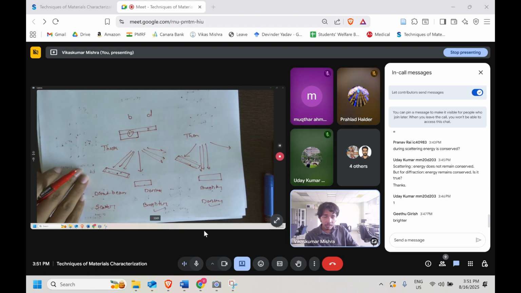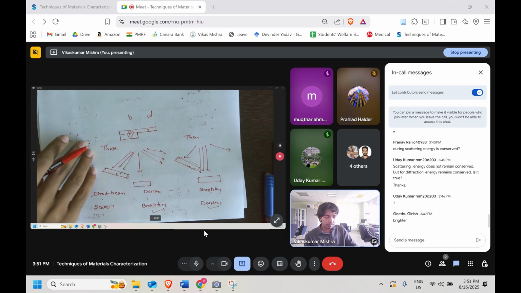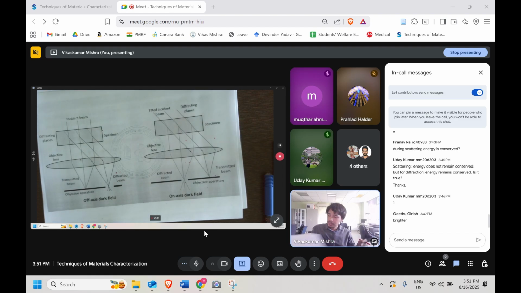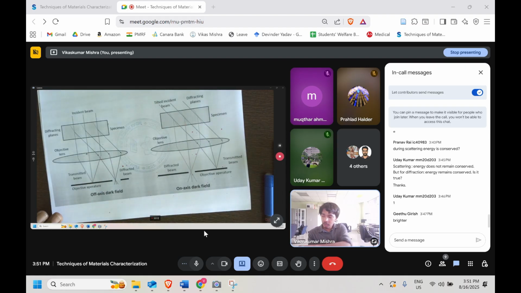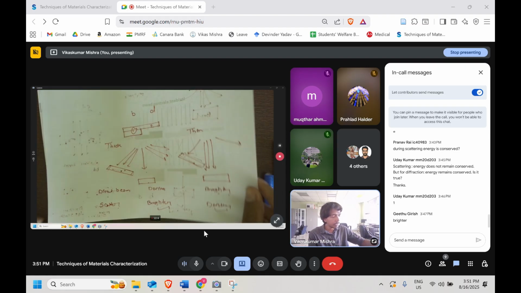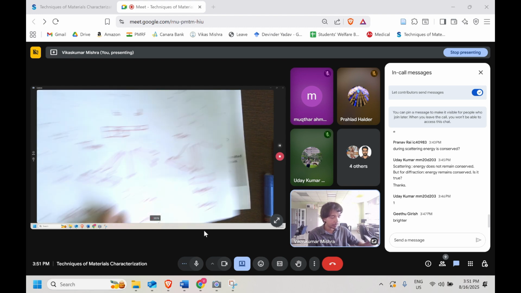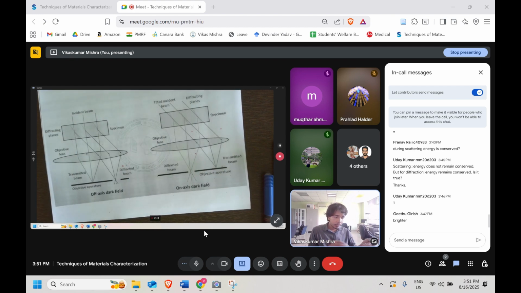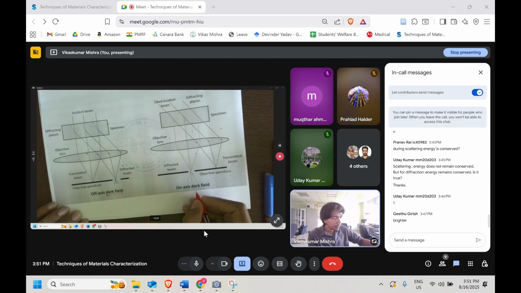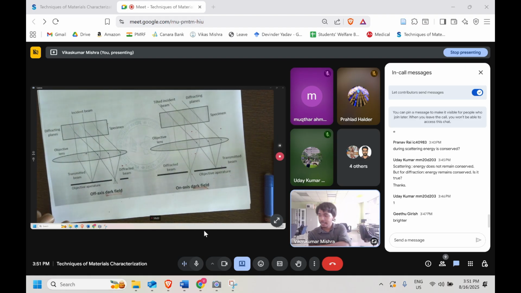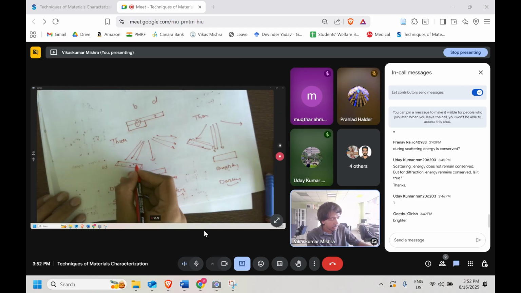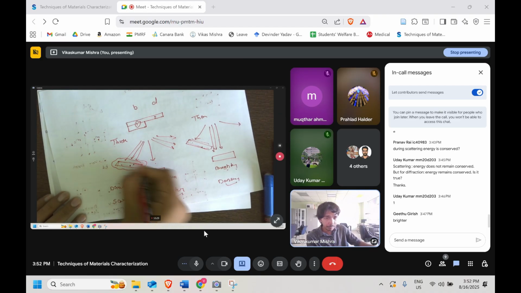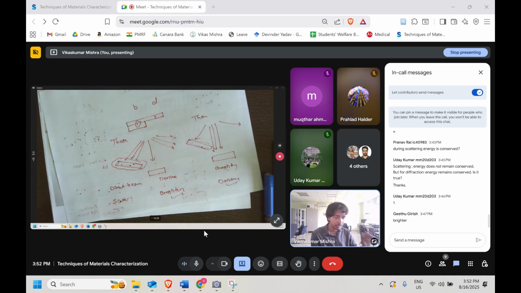We are not just talking about the direct beam, there is also the dark beam. So now let's talk about the dark field only. These two cases I'm telling you are just the way you can look at this.